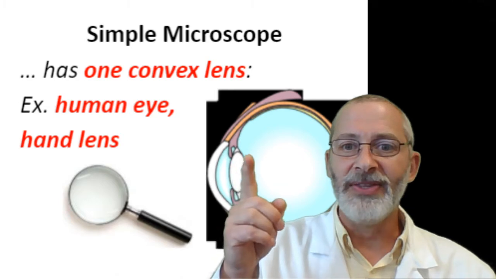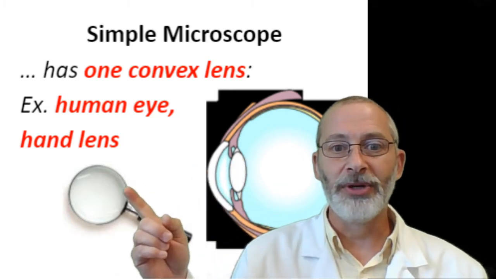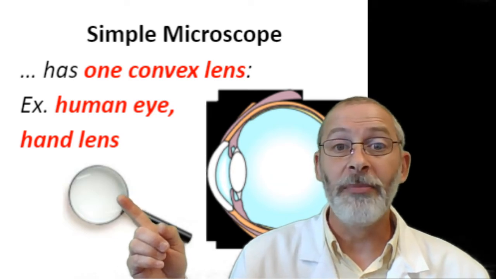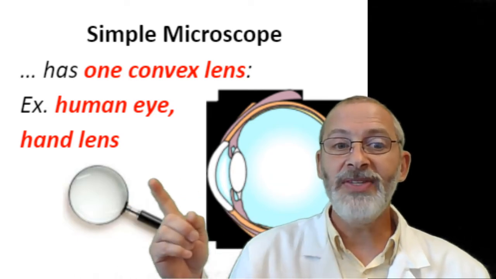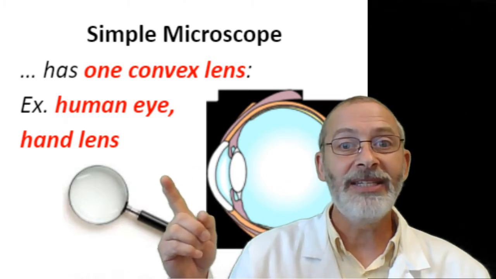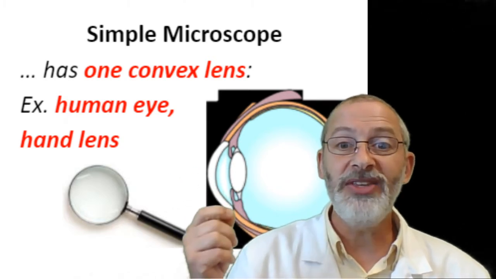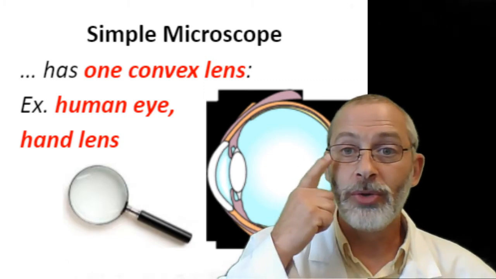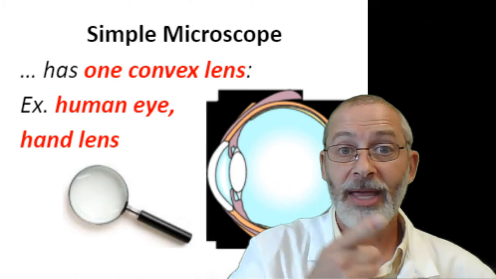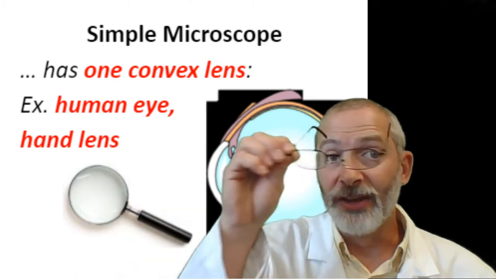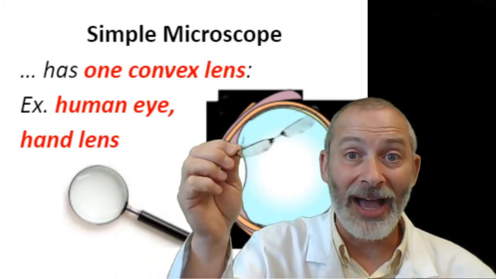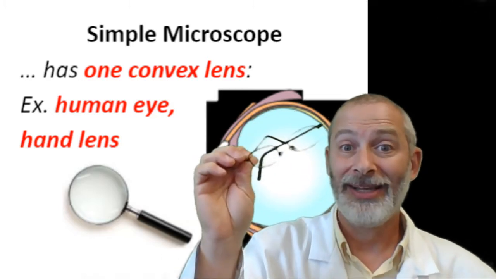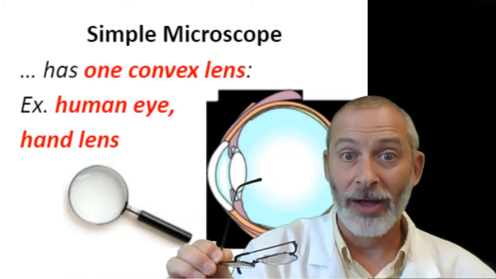And this lens, which is not dissimilar from a hand lens that you may have used and are familiar with, does something with light and enables you to see things in a magnified fashion. So, human eye, hand lens, and if you wear glasses like I have to wear now, glasses are a type of simple microscope as well.